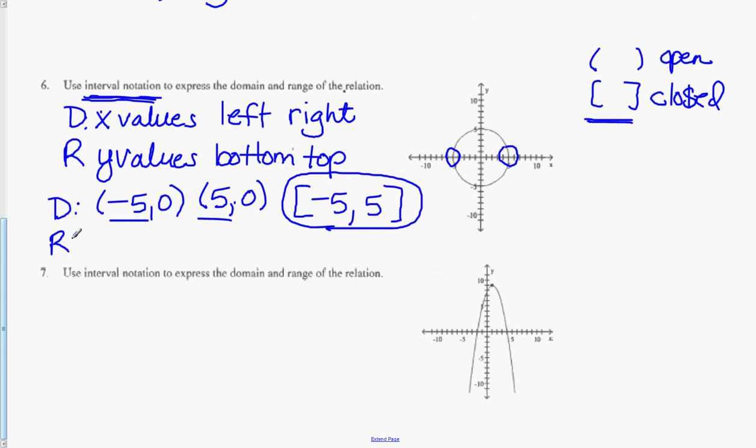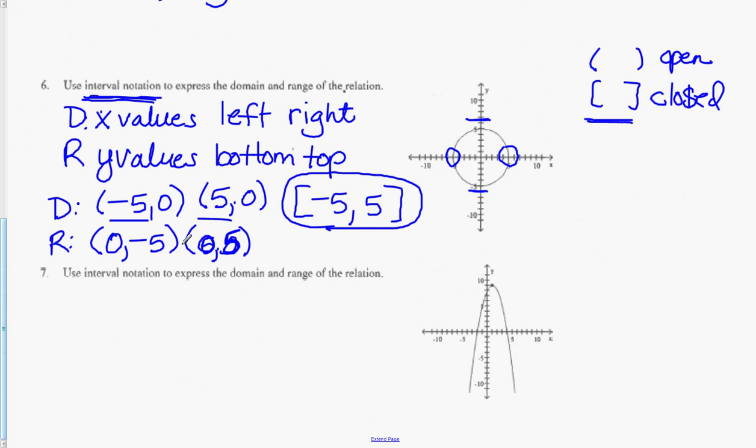For my range, I'm looking from bottom to top. So the bottom point on that graph is 0, -5. And the top point on that graph is 5, 0. And this works out with all these same numbers because it's a circle. So, I'm sorry, this should be 0, 5. Going too fast.